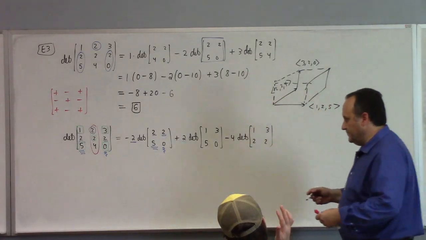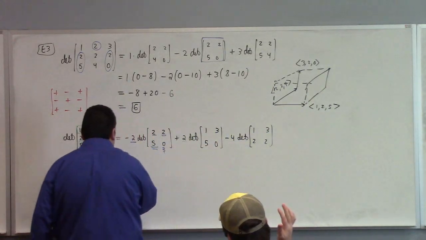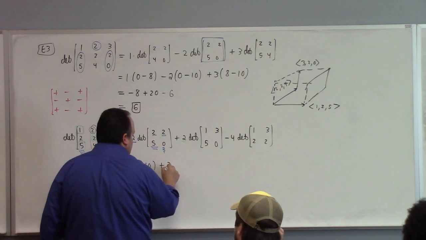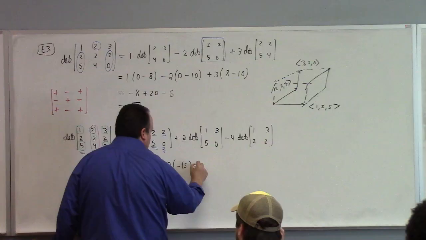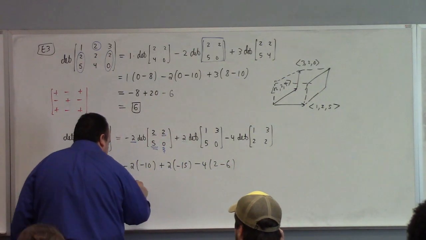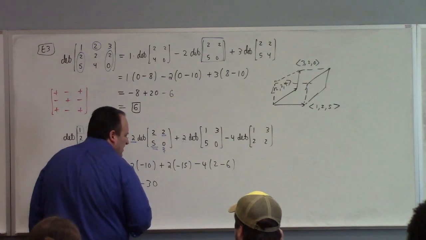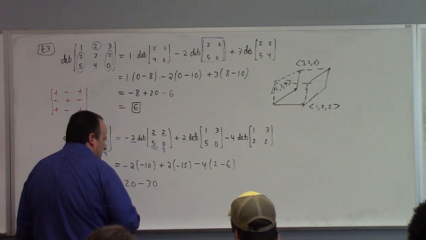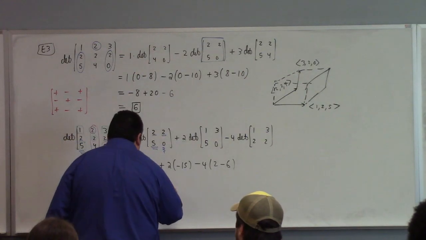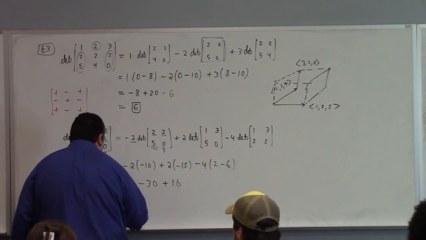All right, so then this is like minus 2 times minus 10 plus 2 times minus 15 minus 4 times 2 minus 6, which is 20 minus 30 plus 16, also known as 6.